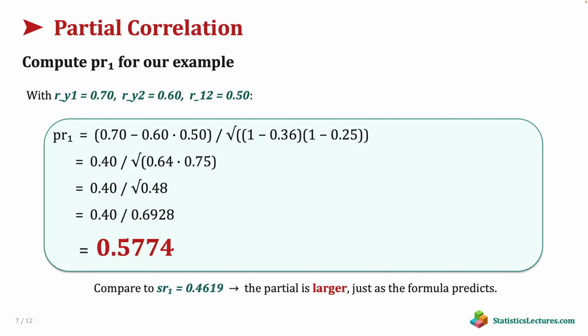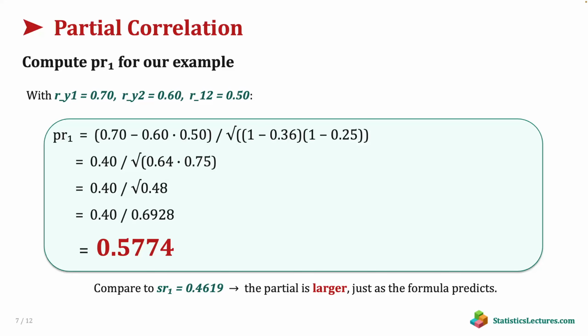So now let's plug in our running example here. ry1 is 0.7, ry2 is 0.60, and r12 is 0.50. So our numerator is 0.70 minus 0.60 times 0.50, which is 0.70 minus 0.30, which is equal to 0.40. Our denominator is 1 minus 0.60 squared, which is 1 minus 0.36, which is 0.64. 1 minus 0.50 squared is 0.75.